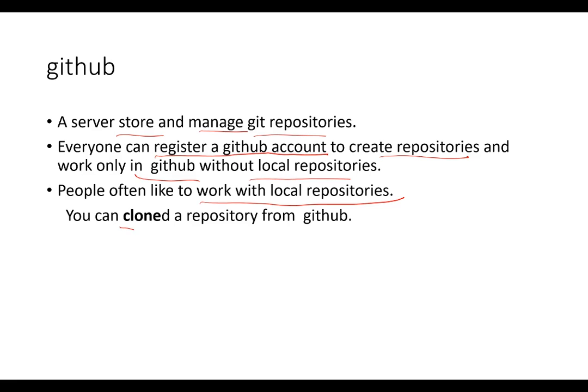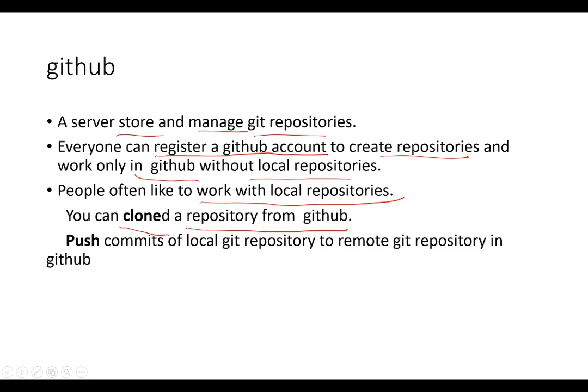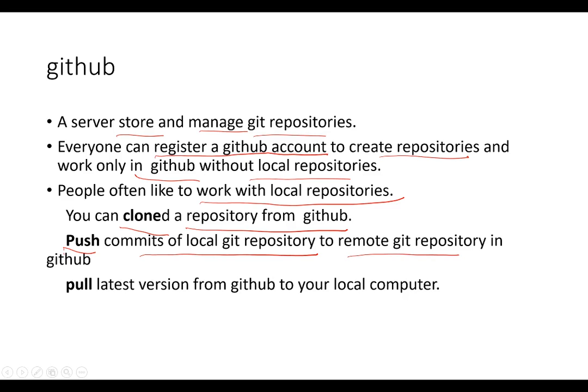We generally clone a repository from GitHub to our local machine. This is a local copy of the remote repository. When we do some work with the local repository, we can use the push command to push local repository changes to the remote repository.